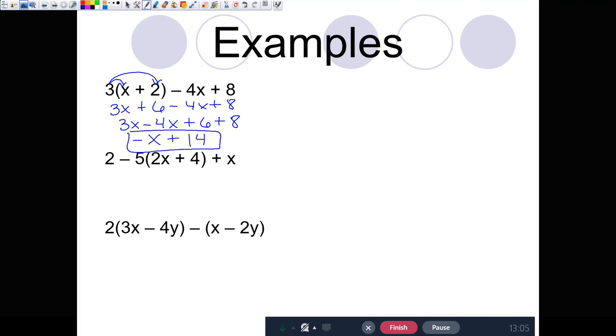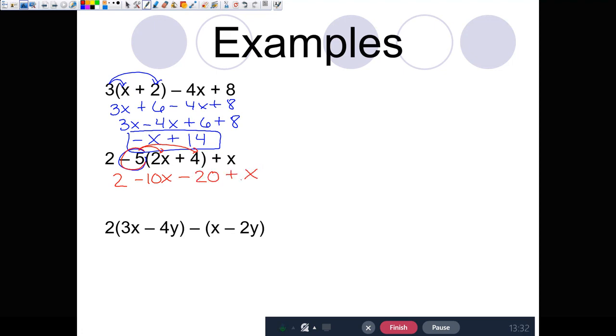Okay, so here I'm distributing a negative 5, because a minus sign is the same as a negative. So negative 5 times 2x would be negative 10x, and negative 5 times 4 would be negative 20.